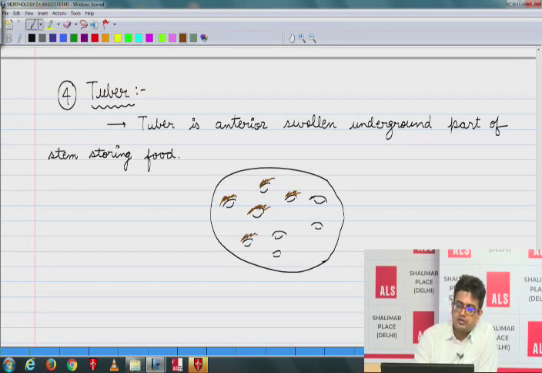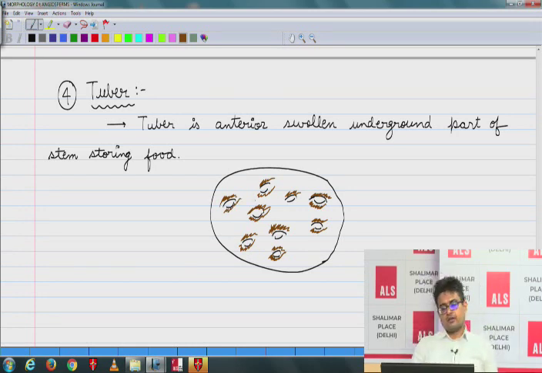So the bud is right here. This is a scaly leaf.